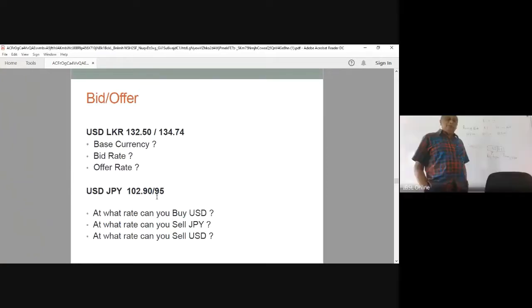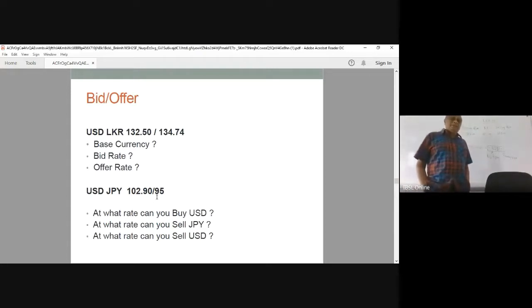USD. Why? 1 USD is equal to so much LKR. So the 1 is what we take as the base. So what is the bid rate? 132.50. Offer rate? 134.74.